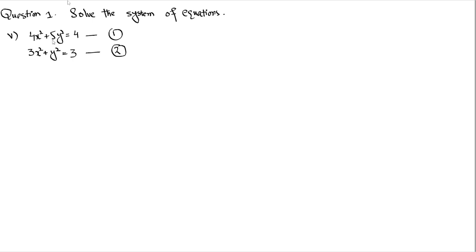In the first equation, the coefficient of y square is 5, and the coefficient of y square in the second equation is 1. So we can multiply the second equation by 5 so that we get the coefficient of y square as 5, and then we will subtract the two equations so we can eliminate the y square from both the equations.